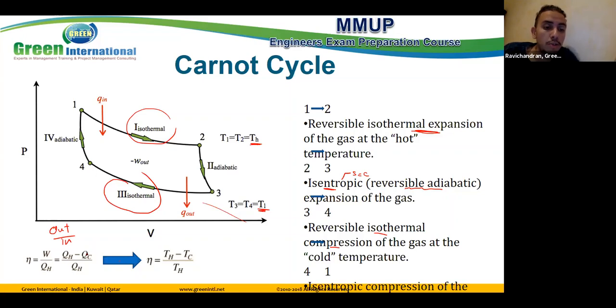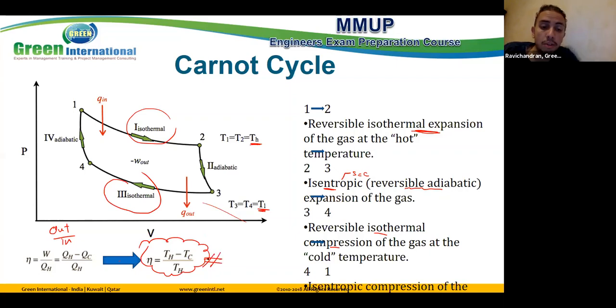Work is QH minus QC, hot minus cold. QH can be represented by TH, and QC by TC. So at the end, the efficiency of the Carnot cycle is TH minus TC divided by TH. Again, the efficiency of the Carnot cycle.